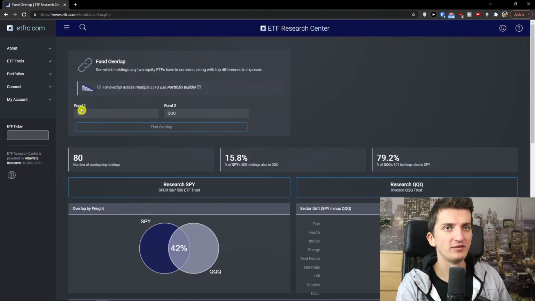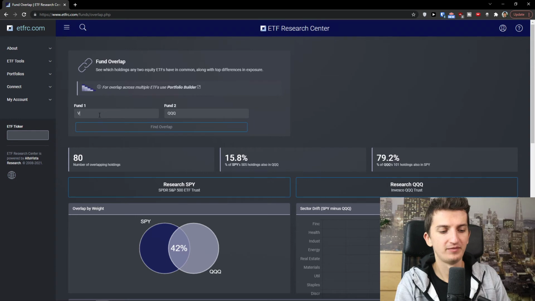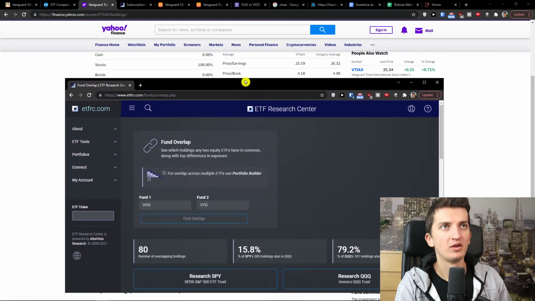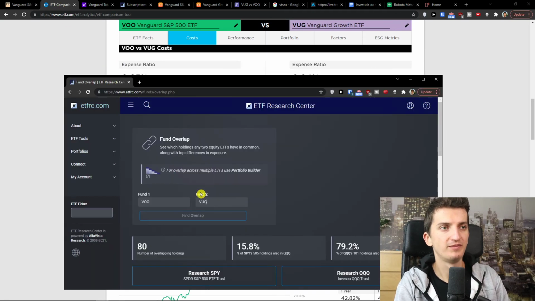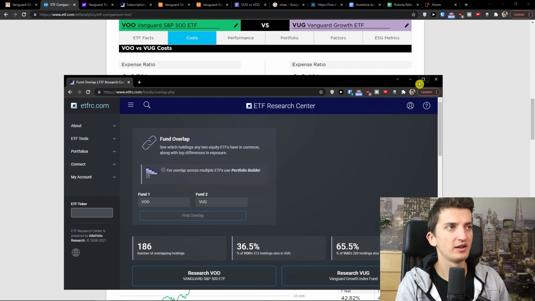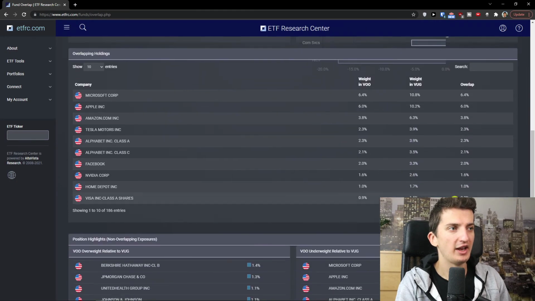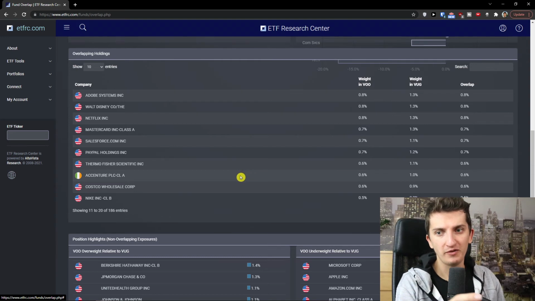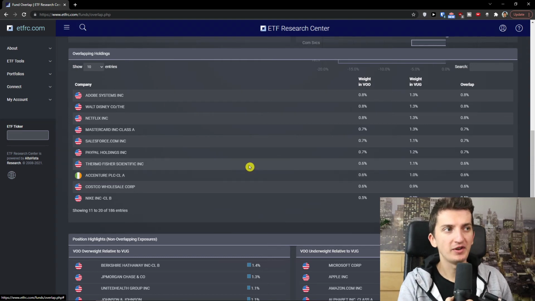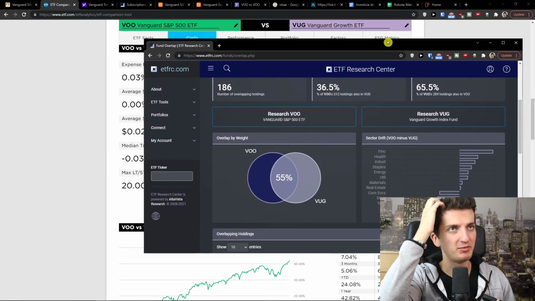Oh, this is not it. Okay. VOO, VUG, like this. Okay, here we go. And you see right here the overlapping. I definitely recommend, if you want to check all the holdings of these two ETFs, you are going to see the differences. And that's pretty much it.